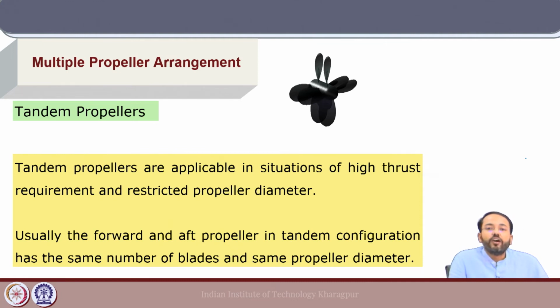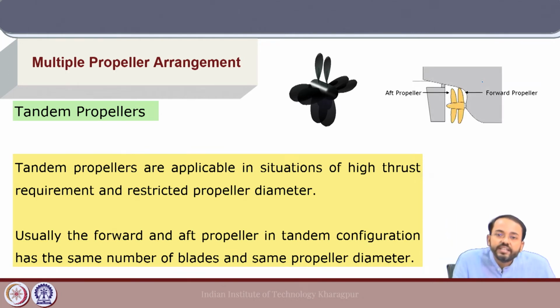Also, the pitch of the aft propeller should be higher than the pitch of the forward propeller. The reason is that the aft propeller is working in the slipstream of the forward propeller, where the inflow velocity is very much accelerated due to the action of the forward propeller, and hence a larger pitch ratio is required to design the blades of the aft propeller to maintain the flow angles, typically the angle of attack, depending on the inflow velocities.